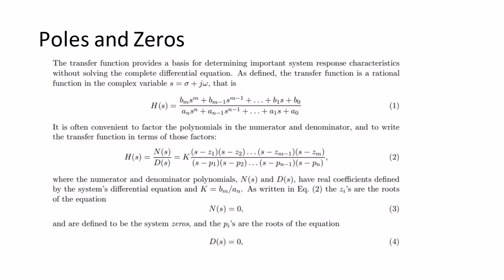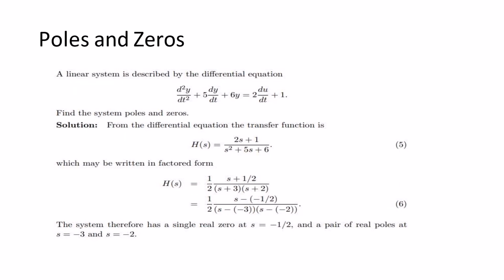By factorizing the numerator polynomial, the roots give the zeros, and by factorizing the denominator, the roots give the poles of the system.